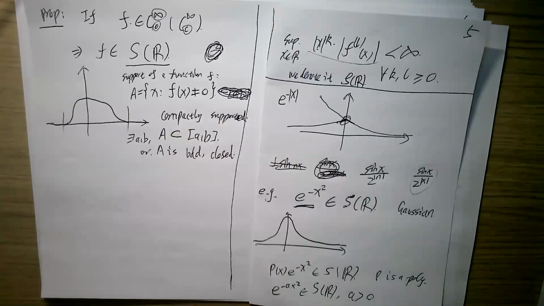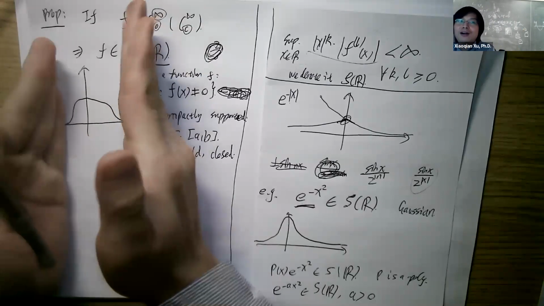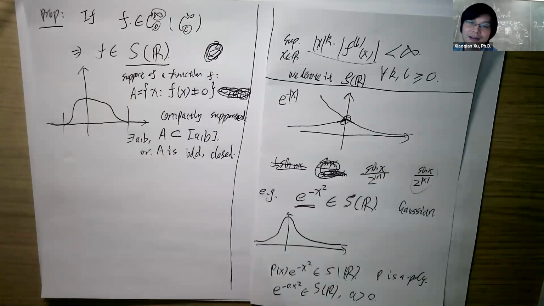Yes, we learned that. So compact support just means that the support, which is all the points where your function does not equal 0, is a bounded set. It will not go to infinity. It's just like this kind of picture. Other than this part, your function equals 0 identically.